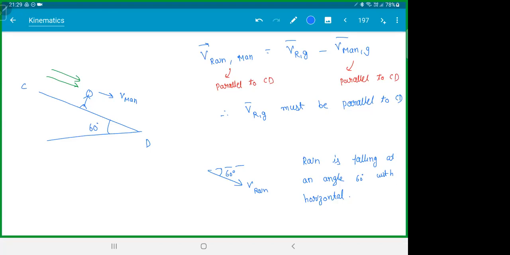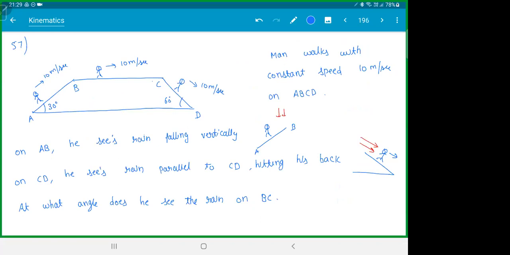Clear with this page, everyone? Anika, got this? I hope this logic was clear. Now, can you try the answer? Try. You got a minute more.